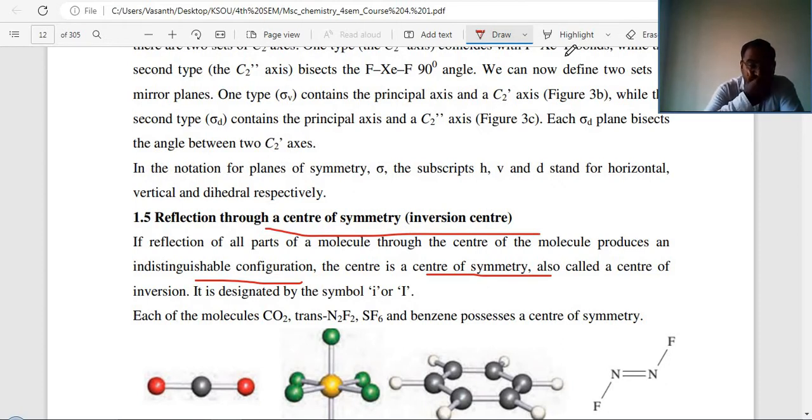That is denoted by the symbol i. Molecules like CO2, trans N2F2, SF6 and benzene possess a center of symmetry.